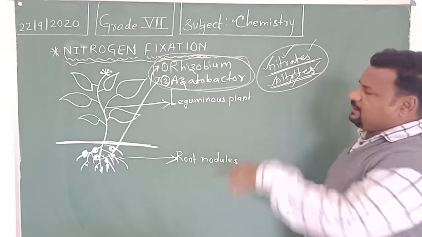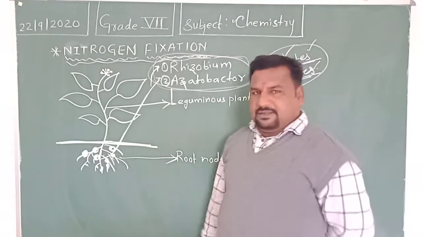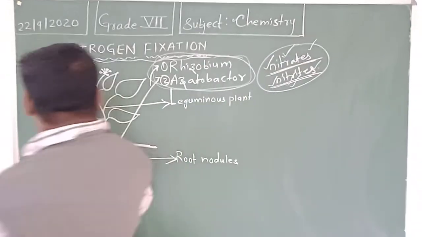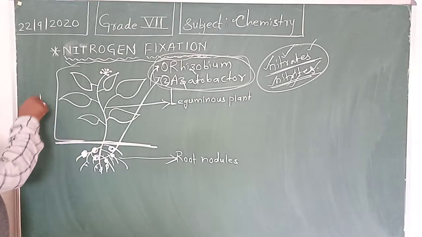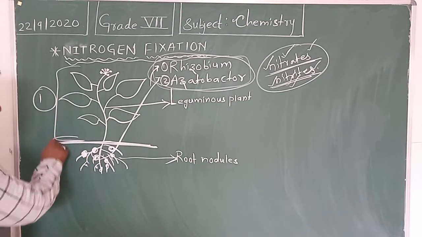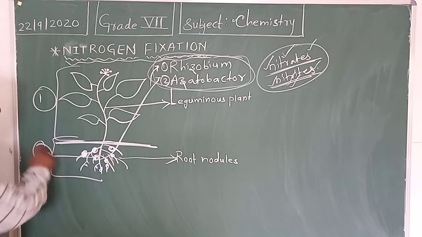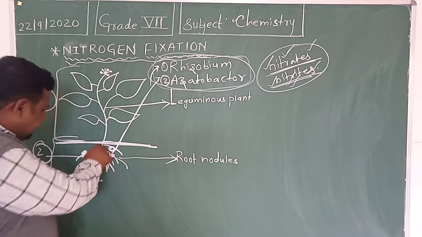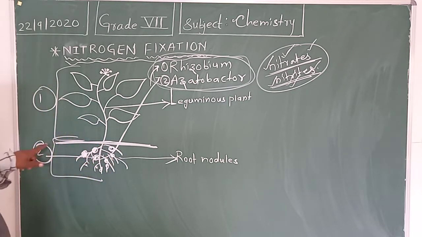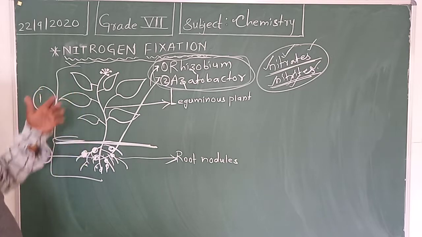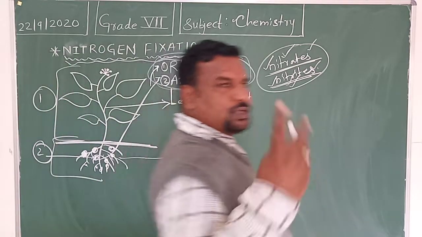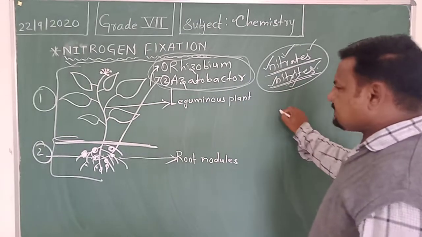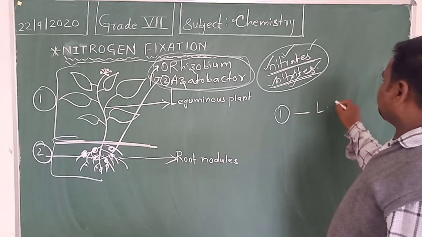Here you can see the leguminous plant. This is one organism you can take. The leguminous plant is one living organism, and the other is the bacteria which live on the root nodules of this leguminous plant. They are the second organism. So here, how many organisms in association are we able to see? Two organisms. One is the leguminous plant.